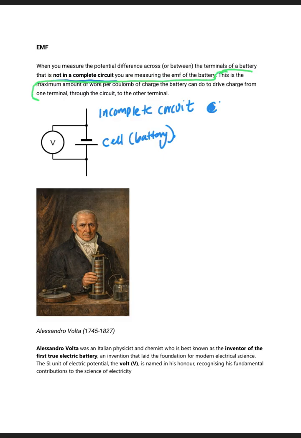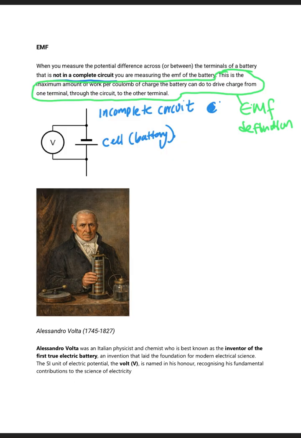Let me highlight it for you. So this here is the definition of the EMF. It is the maximum amount of work per coulomb of charge the battery can do to drive charge from one terminal through the circuit to the other terminal, right?